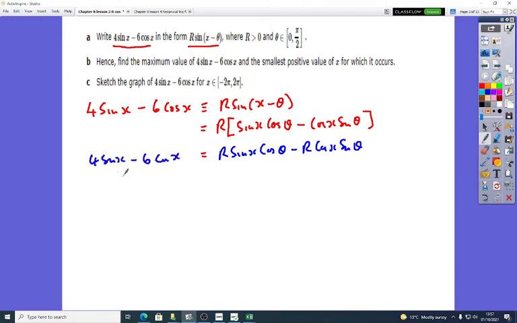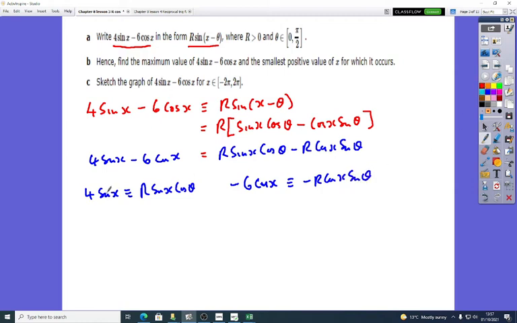Now if we match up all the sines, you'll end up getting 4 sine x equivalent to r sine x cos theta, and if you match up all the cosines, you're going to get the minus 6 cos x identical to minus r cos x sine theta.